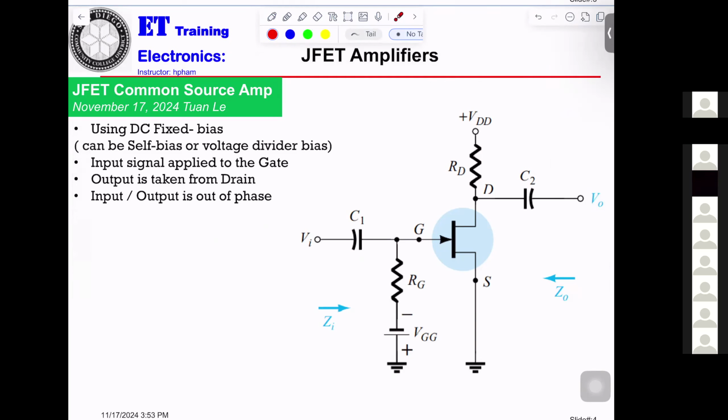You see, you get a DC voltage here. I've given you the example.